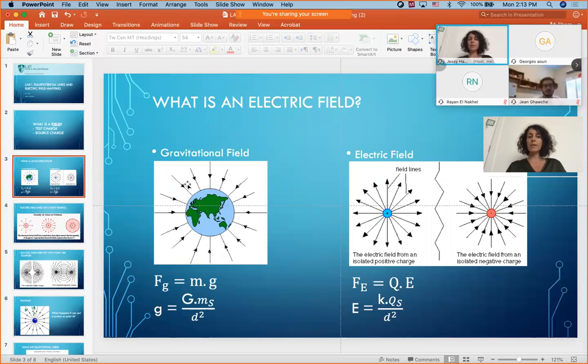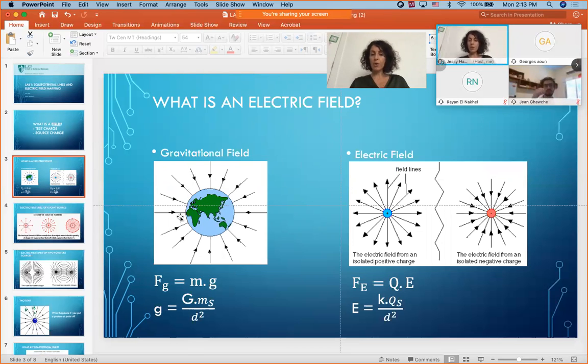Here they're comparing the gravitational field to the electric field. If you have Earth, and Earth is the source of mass, you see that the gravitational field is radial and inward. If you have an electric charge, you have 2 cases: a positive charge and a negative charge. In this case, you cannot have a negative mass, not yet. You can see that the electric field is radial and pointing outward.